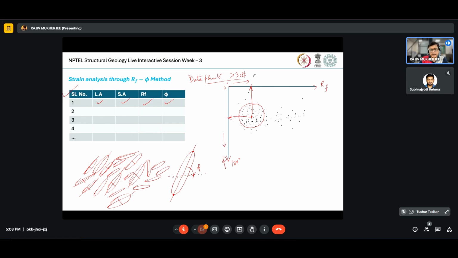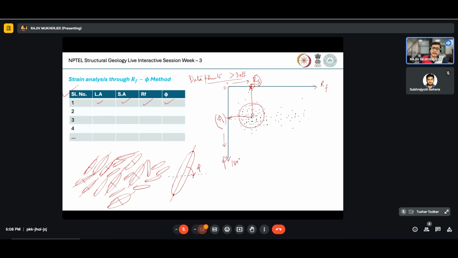So the value we are getting, the intercept value along the x-axis, is Rs, and the intercept value along the y-axis is phi s.